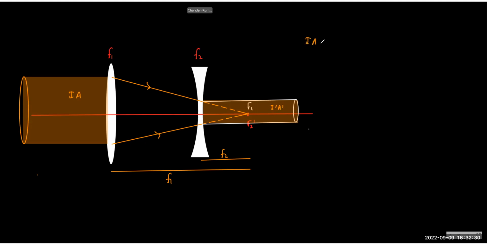So IA equals I dash A dash. Because we are making it narrow, I dash is going to be very, very much larger. We can achieve a higher intensification process using the combination of convex and concave.